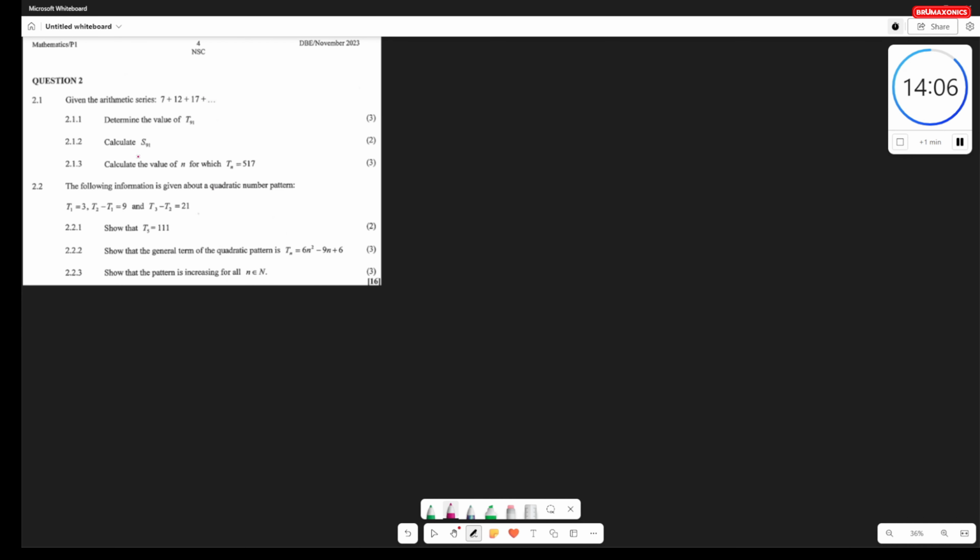So the other question, 2.1.2, says calculate S91, the sum of 91 terms. So we will come with the equation Sn equals n over 2, then 2a plus (n minus 1) multiplied by d.